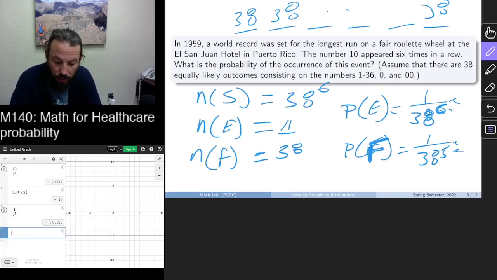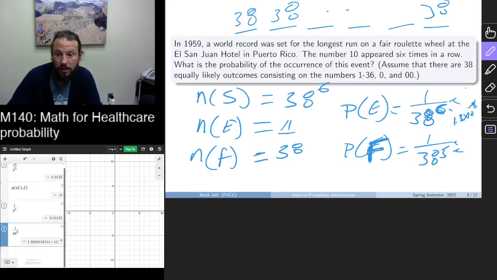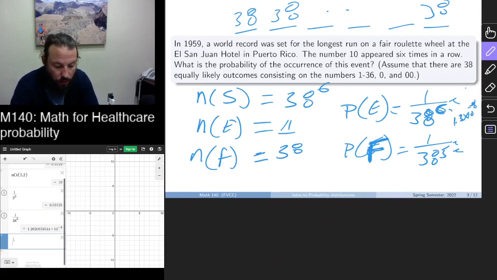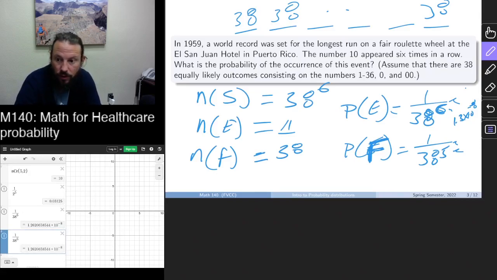Let's see. 1 divided by 38 to the 5th. Okay, so that's somewhere about 1.3 times 10 to the negative 8th. Quite small. Quite small.